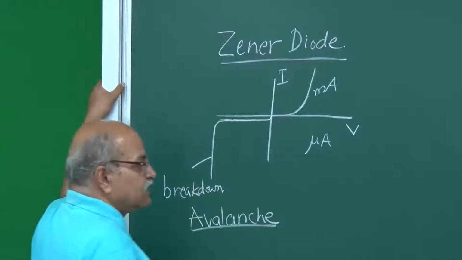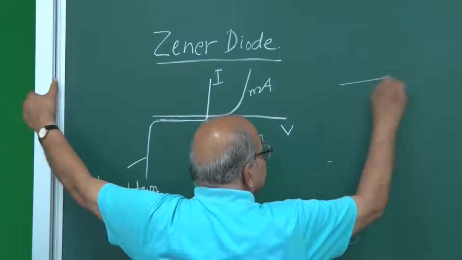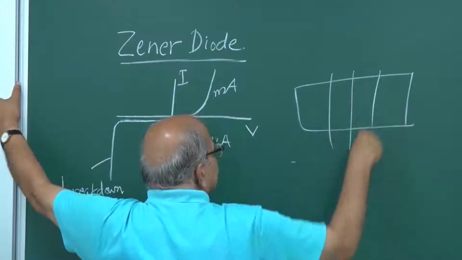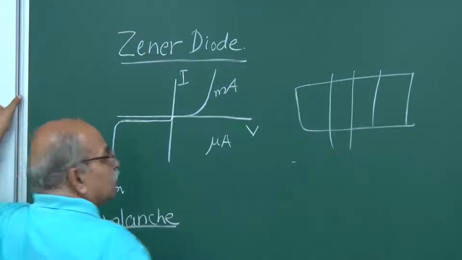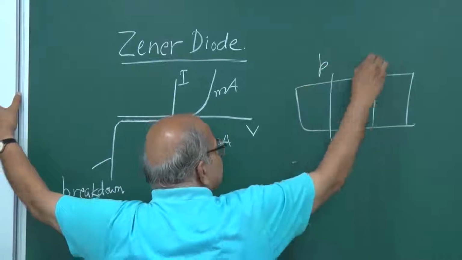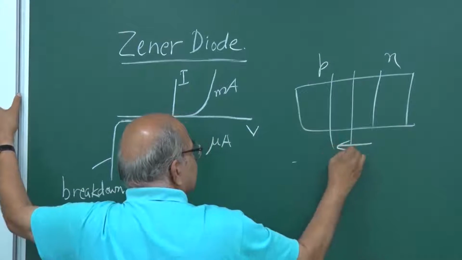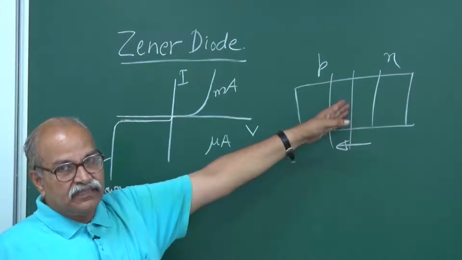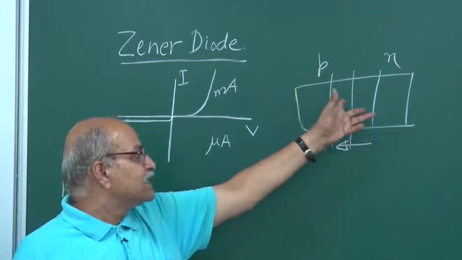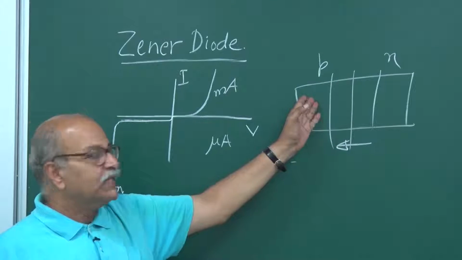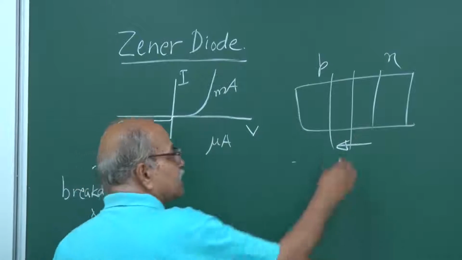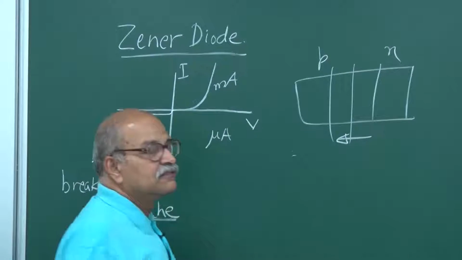The reason is that if you have a PN junction and the depletion region is there, so the electric field is there, this is P side, this is N side, the electric field is this way. So any hole-electron pair which is here, or the minority carriers which are giving rise to this reverse current, they are accelerated by this field.